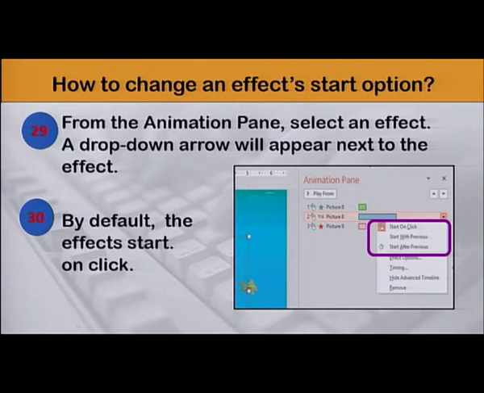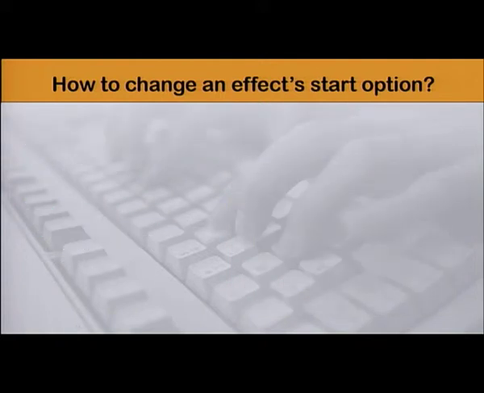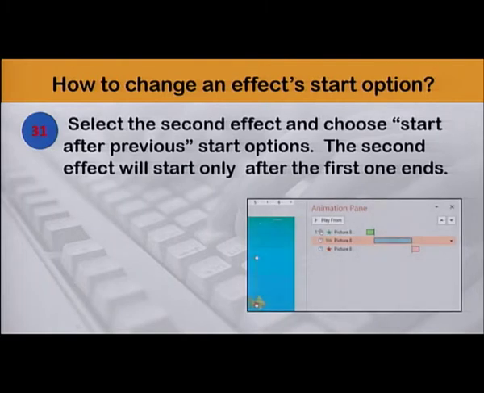To make the animations run one after the other, we will keep the first animation to start on click and change the Start option for the other two effects. To do that, select the second effect and choose Start After Previous options.